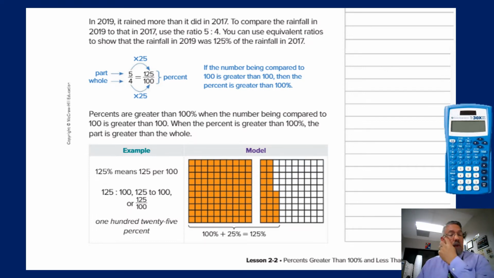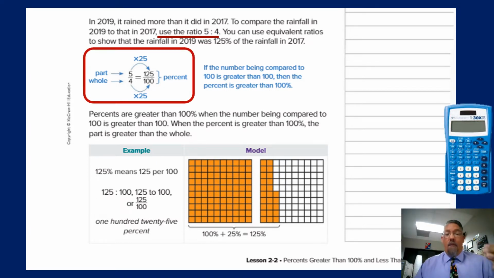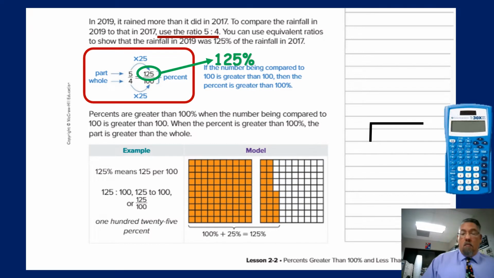Notice the fraction they set up: the 5 has to go on top because that's the order the ratio is written. If I have 5/4 and I'm multiplying the 4 by 25 to get 100, then I have to multiply the top by 25. 5 times 25 is 125. So I just take the top number of my fraction and add a percent sign. That becomes my percentage of 125%.